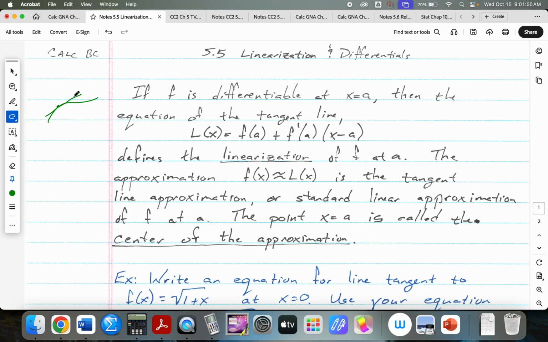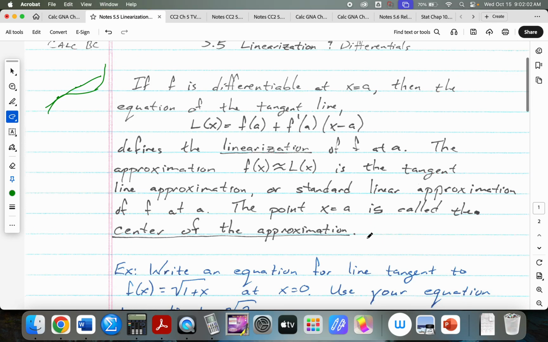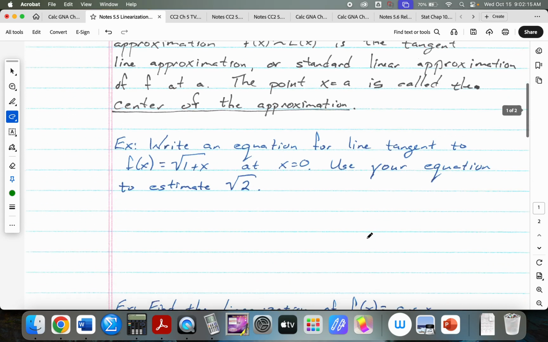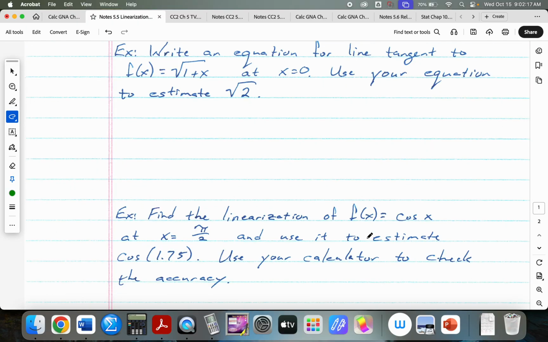Although, it's certainly possible that eventually your graph comes back up and they're exactly equal to one another again. So the point x equals a is called the center of the approximation. We're actually going to use that later on for the center of an infinite polynomial. So we're just going to jump into examples.